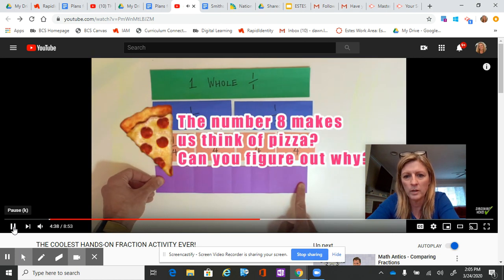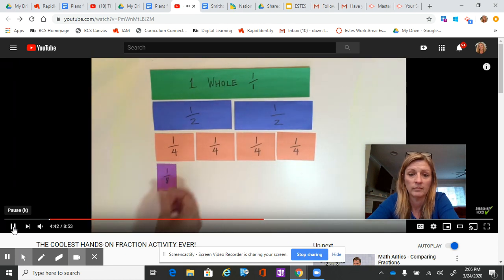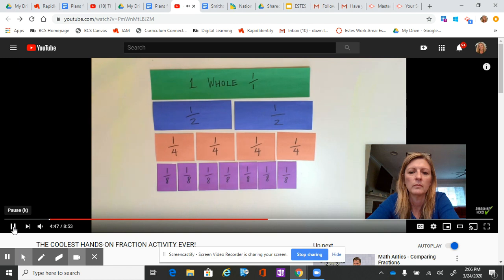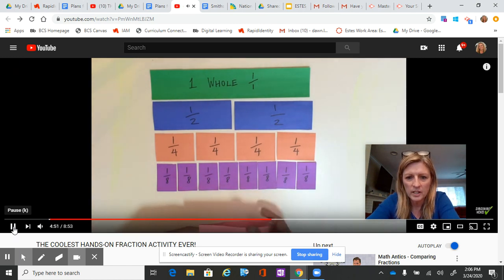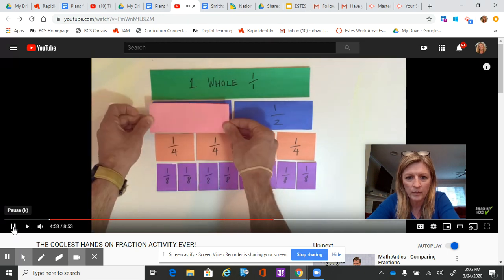If we double our fourths, we're going to get eighths. Now he's going to do 16ths here.